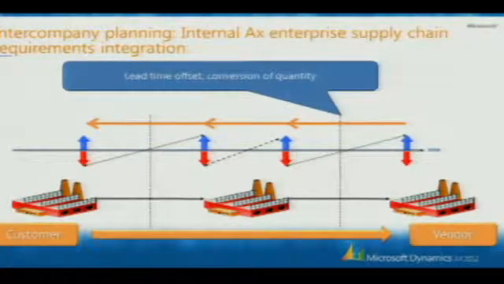Also, if this is just an assembly plant and it uses some components produced in a third AX plant, then after MRP is run here, the plant demand becomes transparent for the third plant. So now requirements have been basically exploded all the way and are transparent all the way.